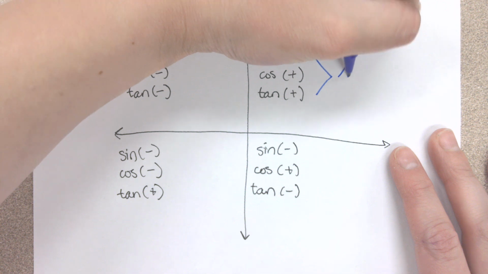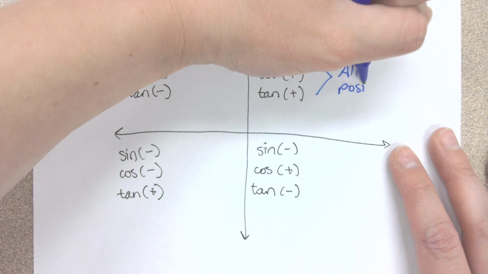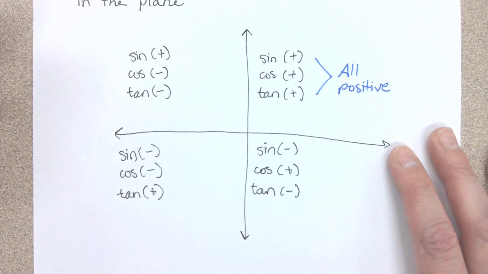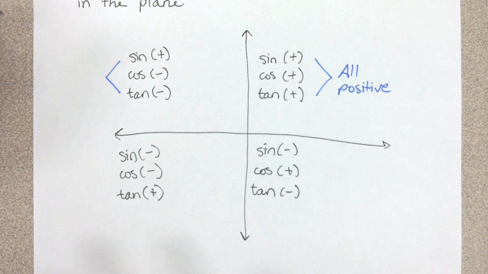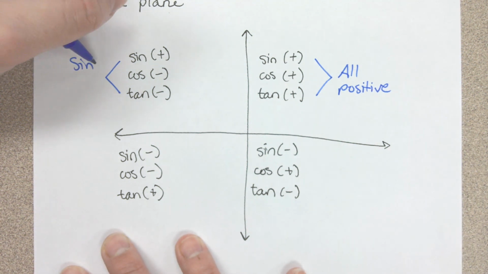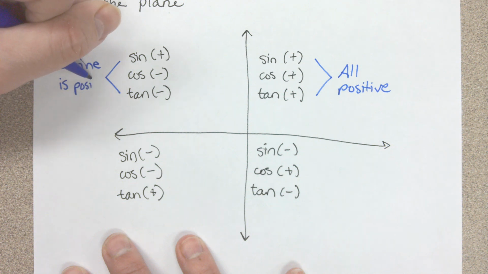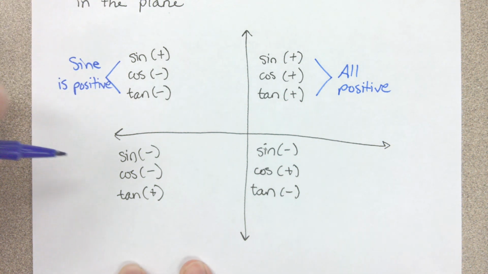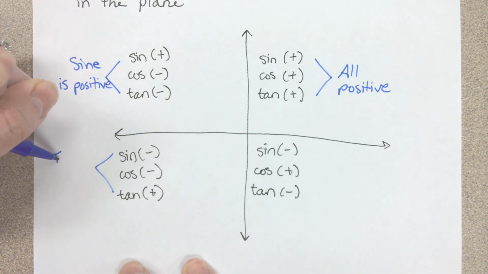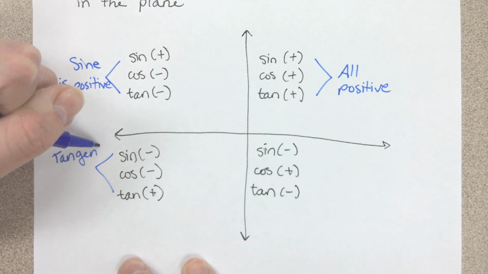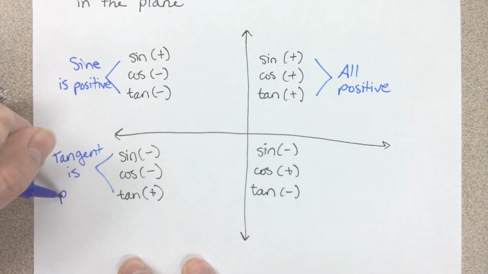So in first quadrant, all positive. Second quadrant, sine is positive. Third quadrant, tangent is positive.